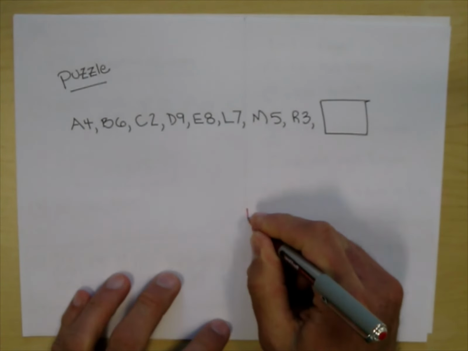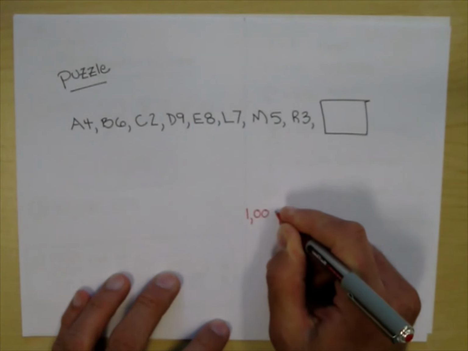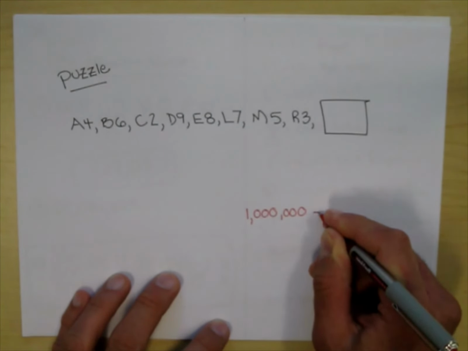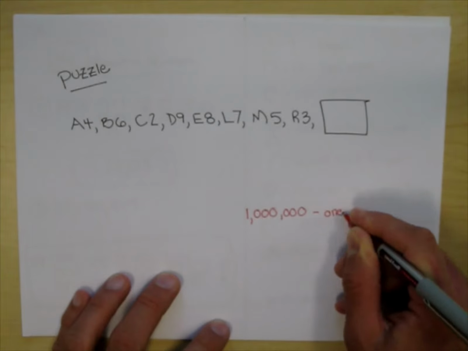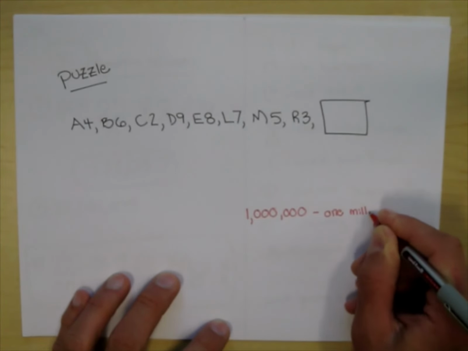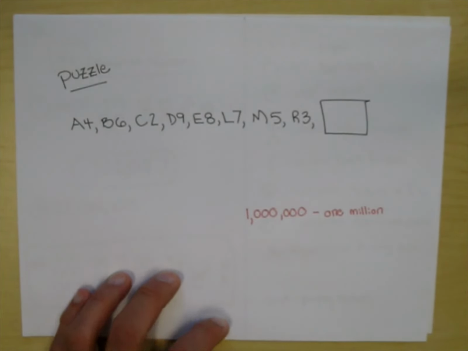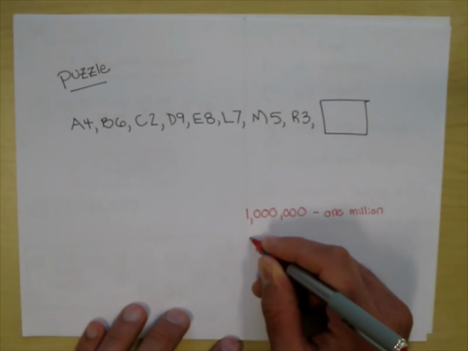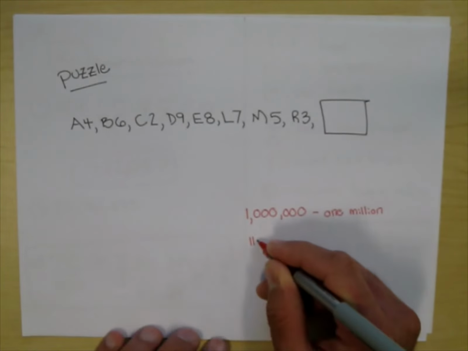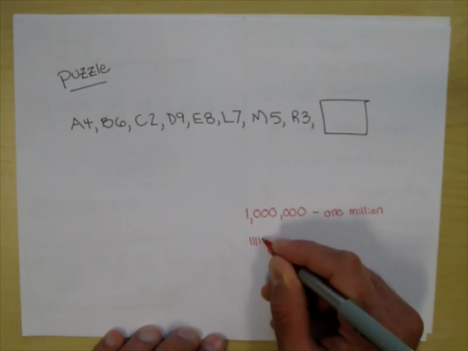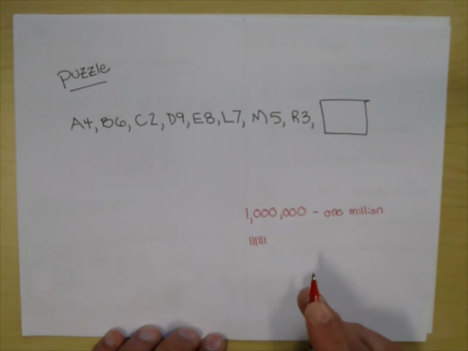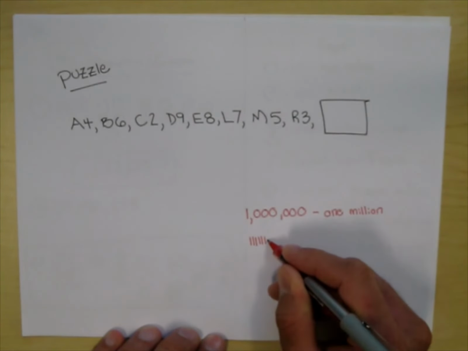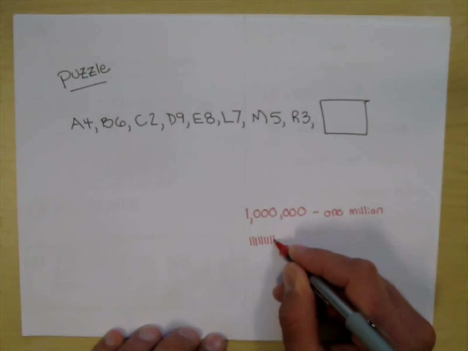So this number right here is 1 million. Okay, so you're going to do an experiment where every second you draw a tally mark. You want to draw 1 million tally marks, 1 tally mark per second.